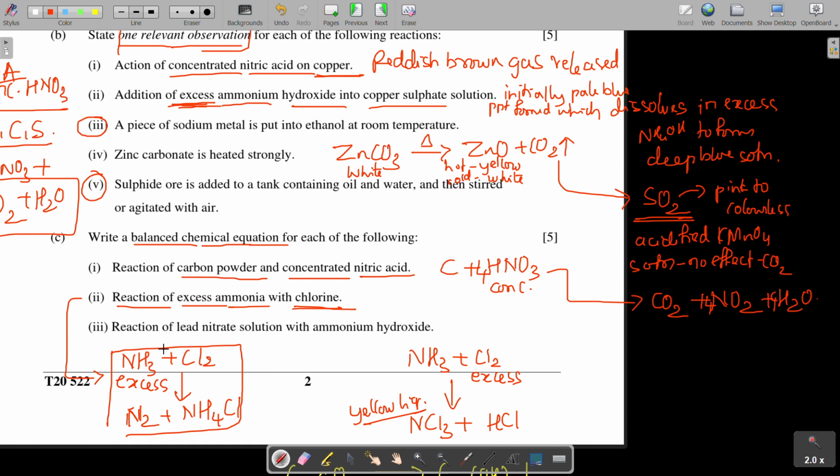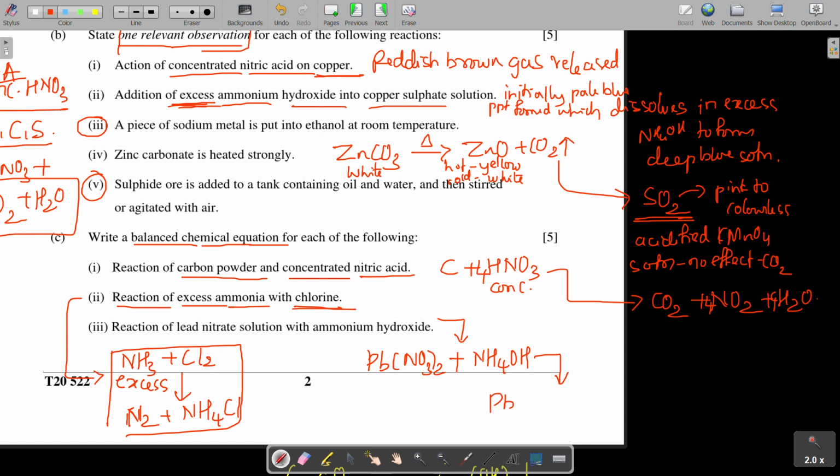Okay, fine. Reaction of lead nitrate solution with ammonium hydroxide, again a precipitation reaction or analytical chemistry. I will write it here. Lead nitrate, Pb(NO3)2, plus ammonium hydroxide, NH4OH.